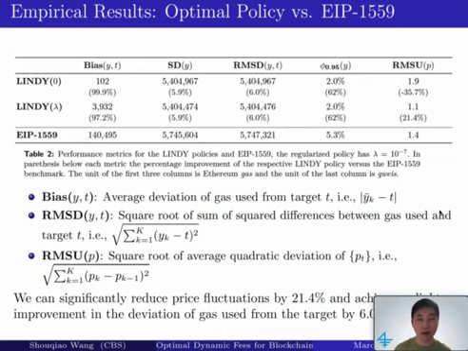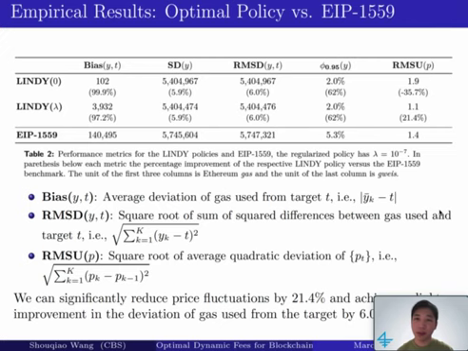If lambda equals infinity, it means we only care about the price fluctuation. In this table, we will mainly focus on RMSD and RMSU, which represent the cost of the deviation of realized demand to the target and the price fluctuation, respectively.